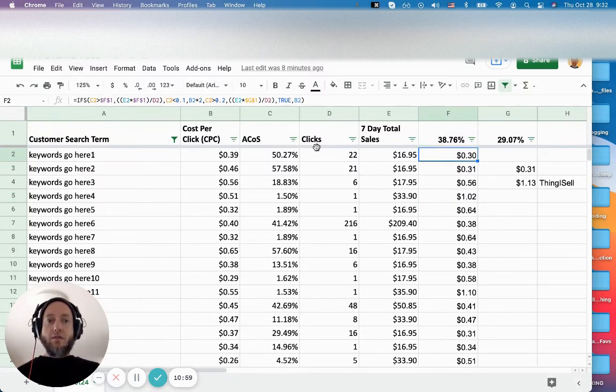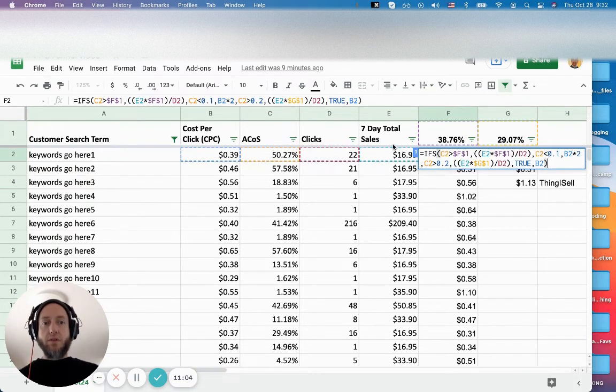All right, so what it does is with these formulas, as you probably know, it works from left to right. So this is an IFS formula. And the first thing it does is it checks to see if the ACoS is higher than my break-even ACoS, right?